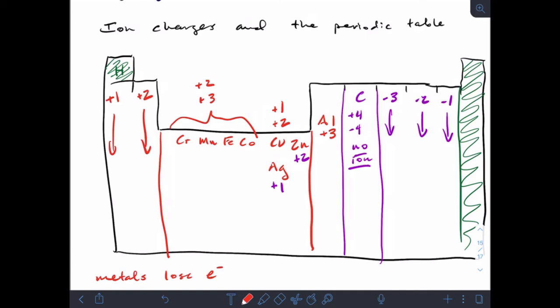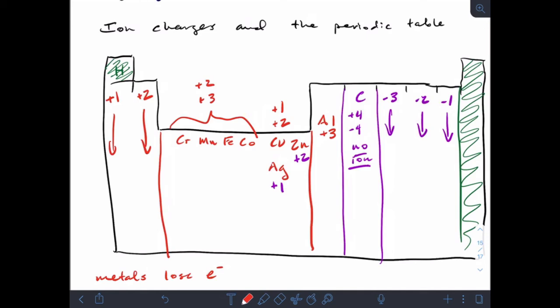But the ones that you can definitely rely on are basically anybody other than chromium, manganese, iron, cobalt, or copper. All of these other ions will make the same ion every time.